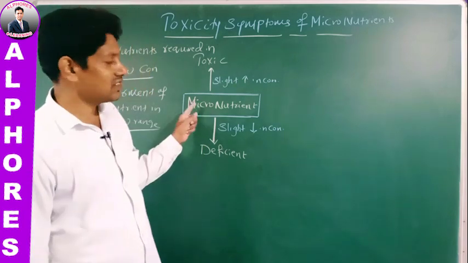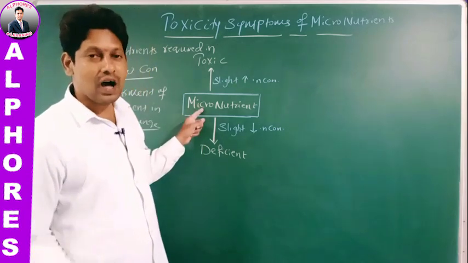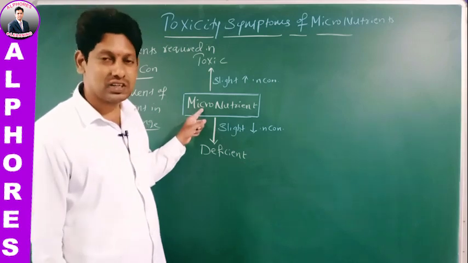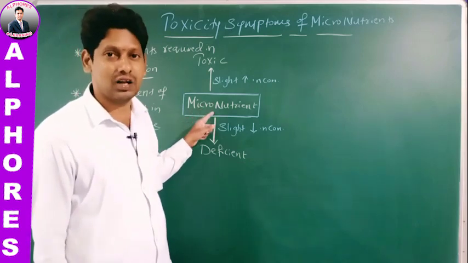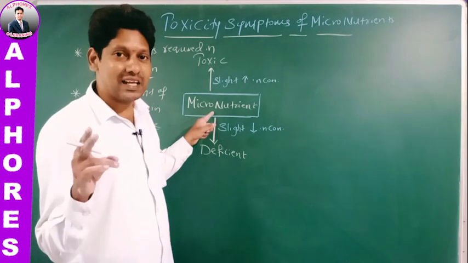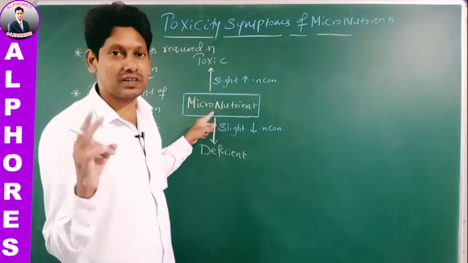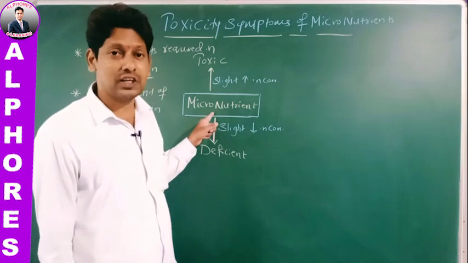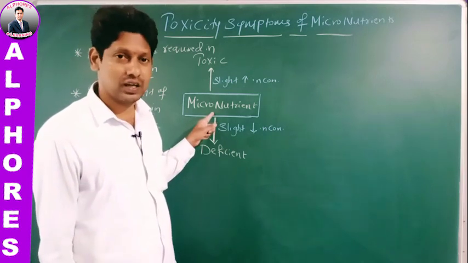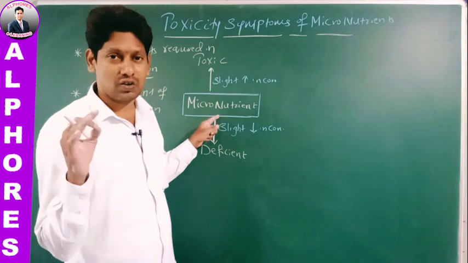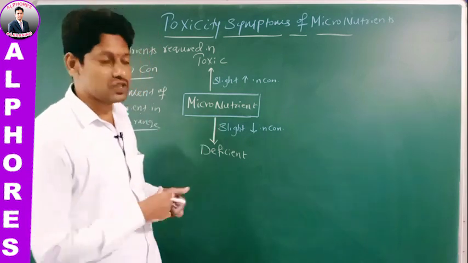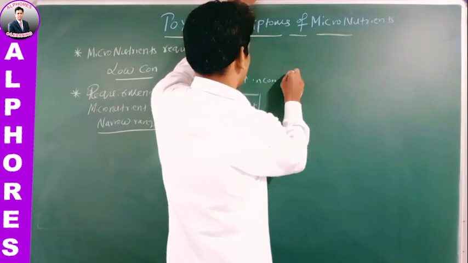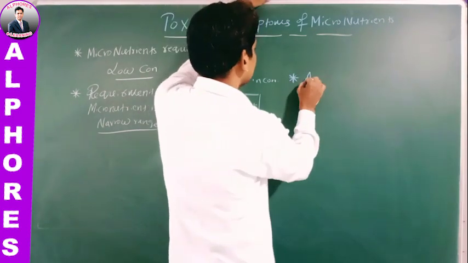Concentration of any mineral ion which decreases the dry weight of a tissue by 10%, then it is said to be toxic, right? I am writing the statement here. See this statement once.